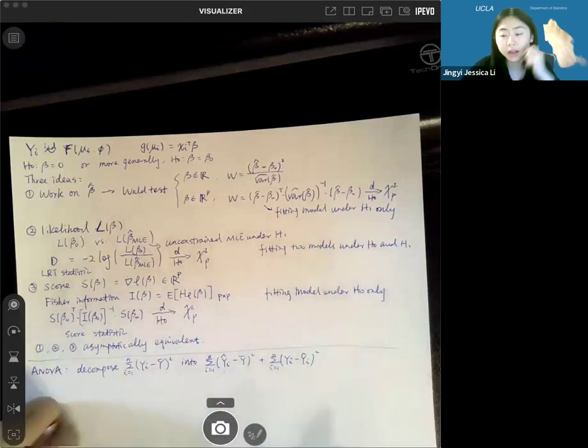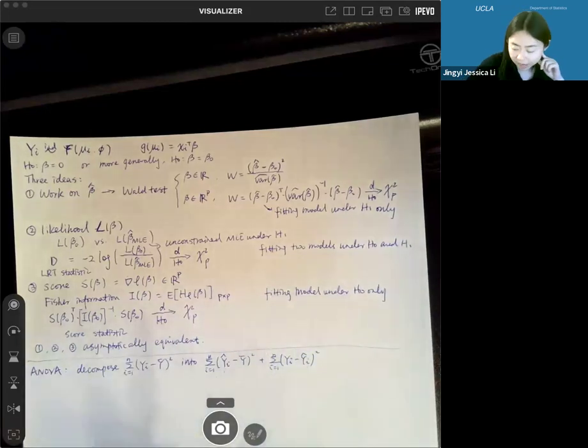So in ANOVA, what we are looking at is how much variance is explained by this term, whether it's significant compared to this term, because this term is the variance explained by the residuals. If this one clearly explains more than this one, we think the model part is meaningful. That translates to, we believe that beta is not zero. For a linear model, that's the case.